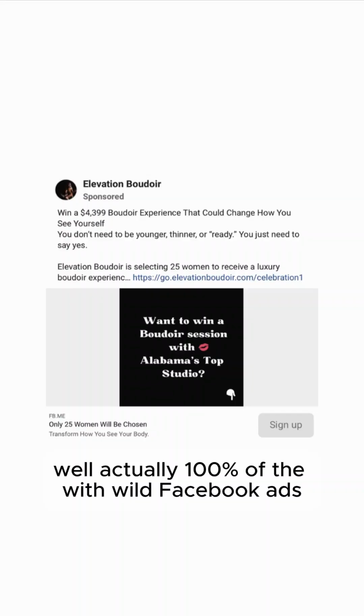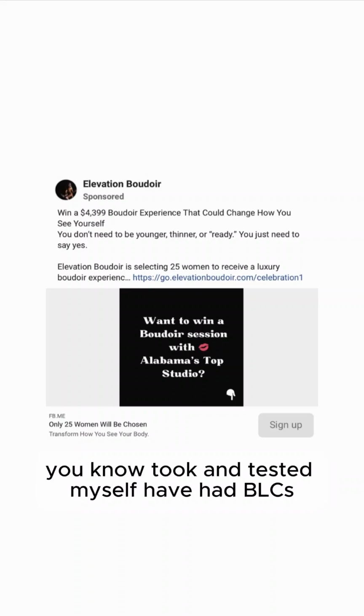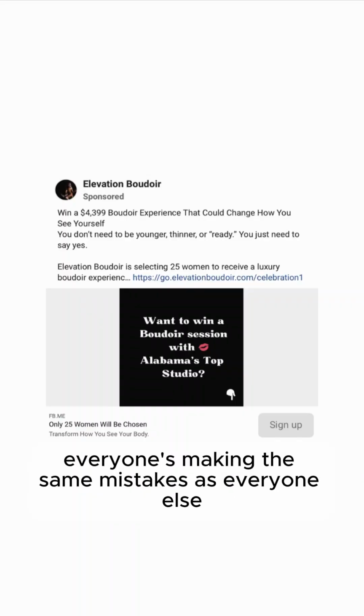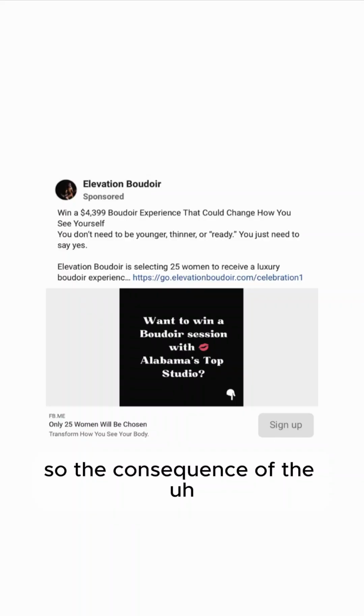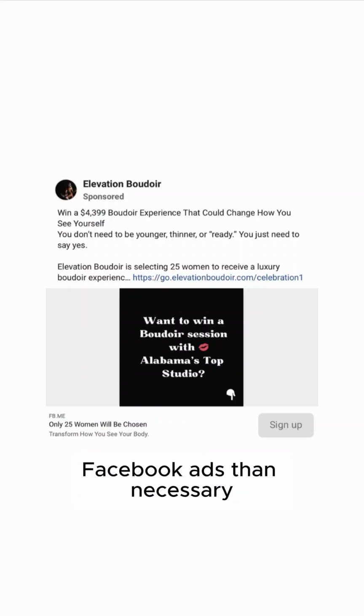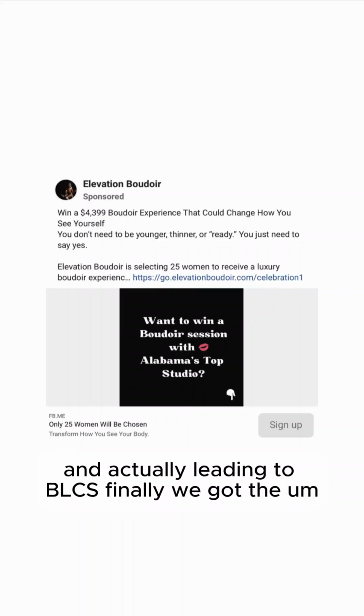Well, actually, 100% of the Boudoir Facebook ads I have seen the back end for and tested myself have had BLCS, literally 100% of them. And that's because everyone's making the same mistakes as everyone else. So the consequence of the looks like an ad mistake is that we're going to have way more women scrolling by our Boudoir Facebook ads than necessary, pulling our unique CTRL under 6%, and actually leading to BLCS.